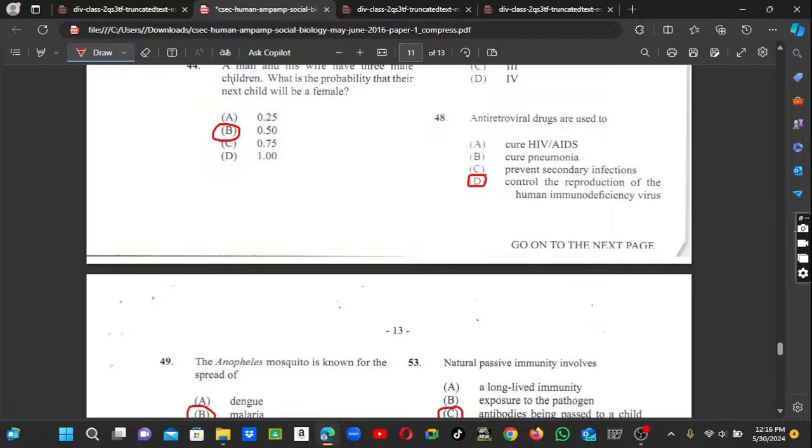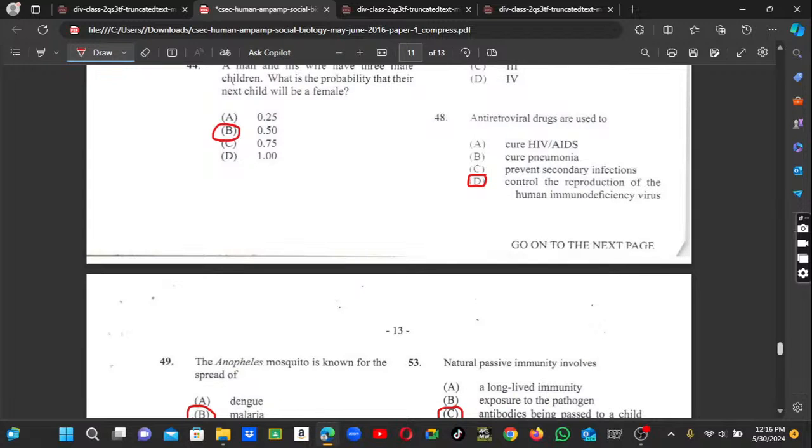Persons exposed to the threat of HIV would have to take antiretroviral drugs to control the reproduction of the human immunodeficiency virus. So HIV stands for human immunodeficiency virus. So the answer would be D for number 48.